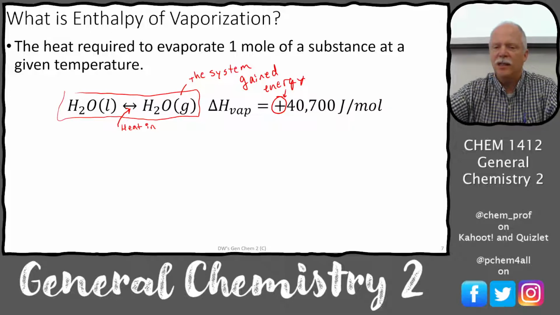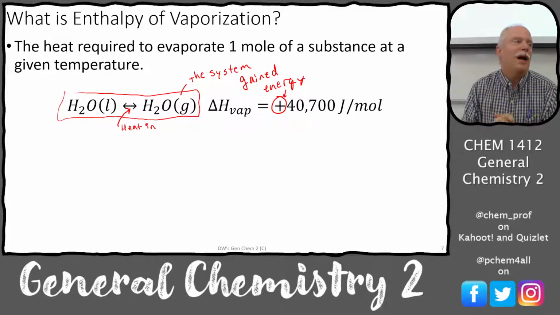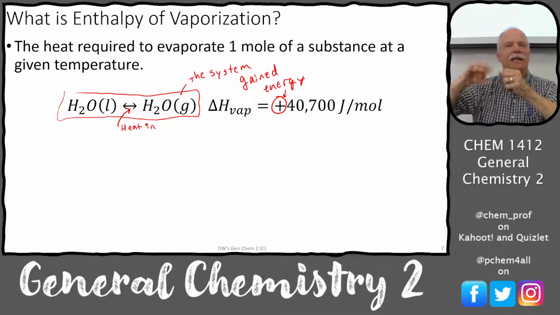You see how that's a positive number? So the system gained energy. And that's what we mean by endothermic. It brought in heat, energy in the form of heat. And so we have a positive delta H. If we reverse this reaction, then the gas, when it condenses, it gives off heat. It's exothermic, and the heat would come out of the reaction.